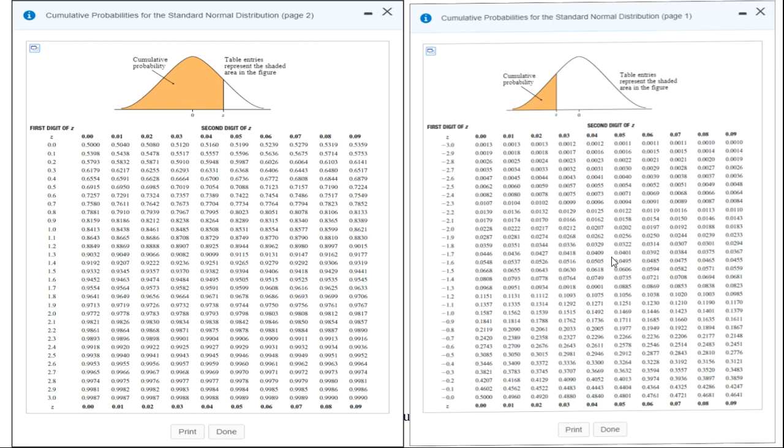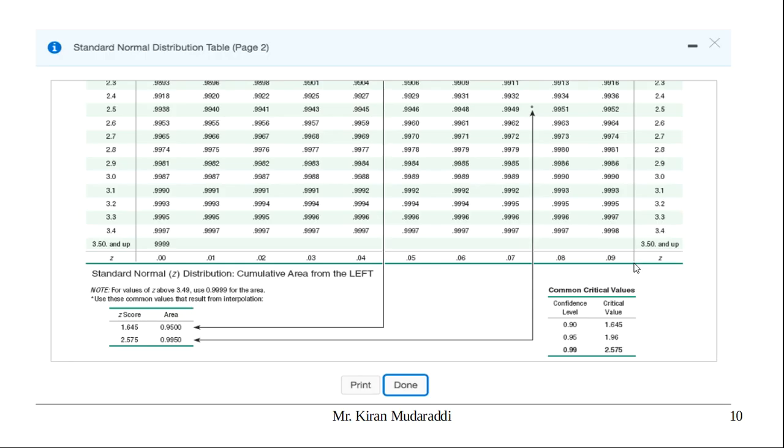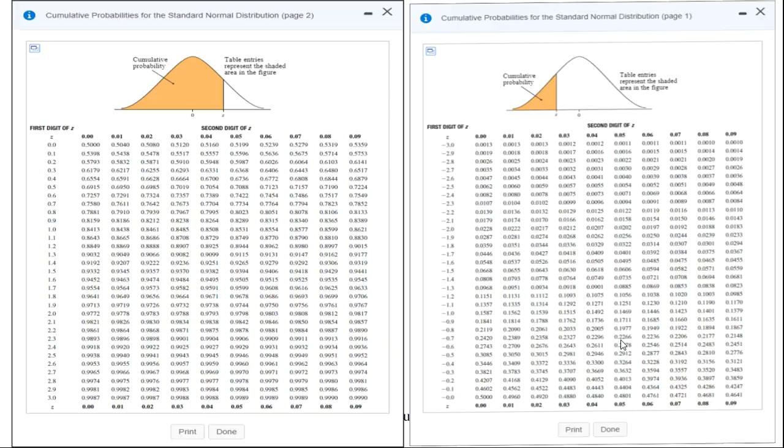Similarly, if you take this one, 0.04 and 0.048, if you add it, you will get approximately 0.95. In the table there are some common critical values. If the value is 0.95, the critical value is 1.96.